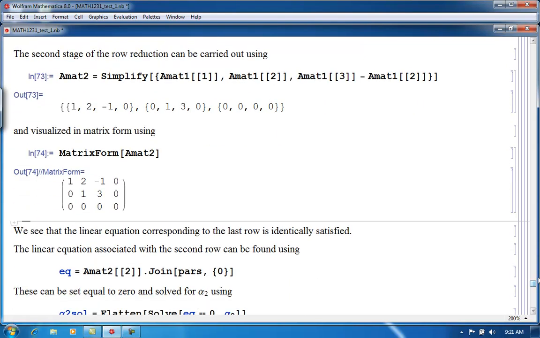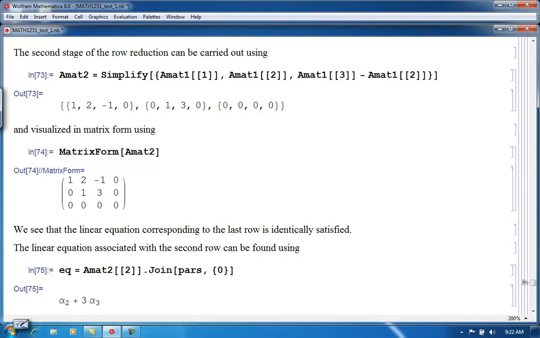So we can see that the linear equation associated with this row is 0 equals 0, so it's automatically satisfied, and we can dig out the linear equation satisfied by the second row by taking the scalar product of it with the parameters and the element 0.